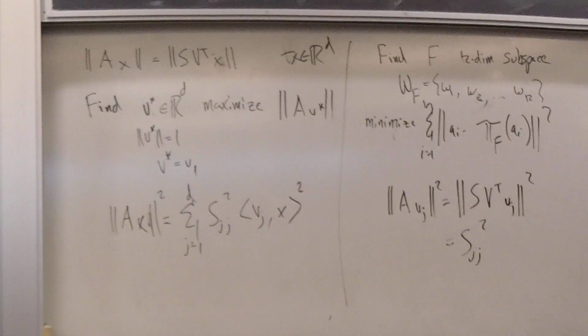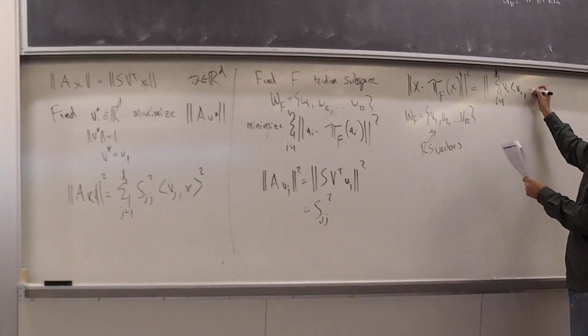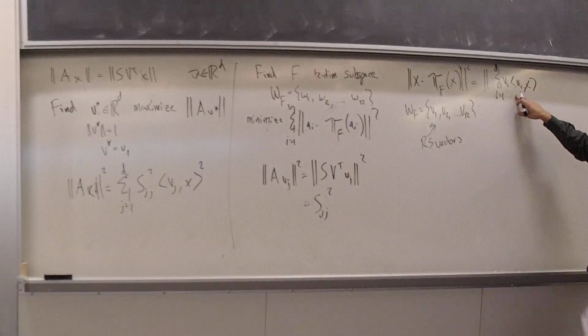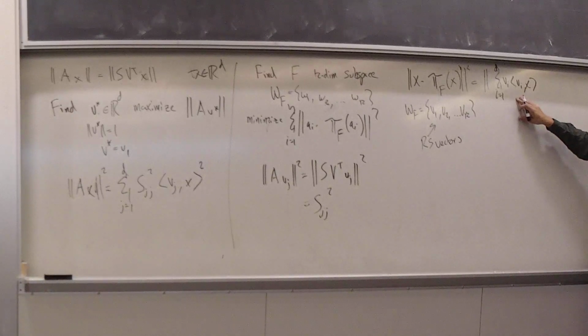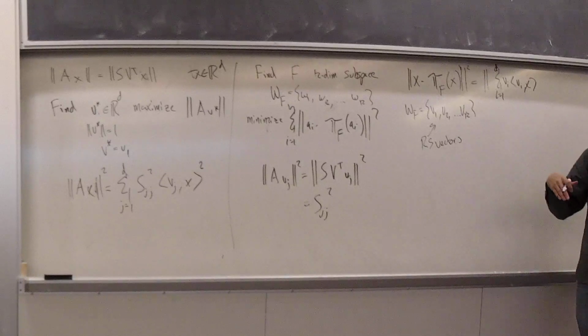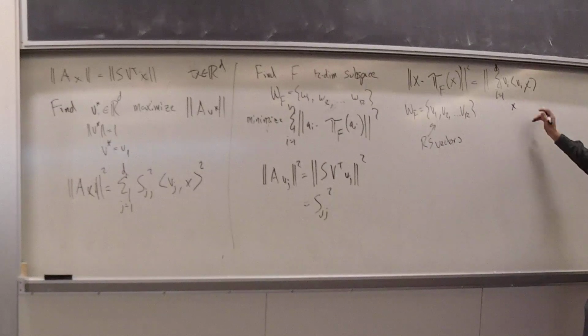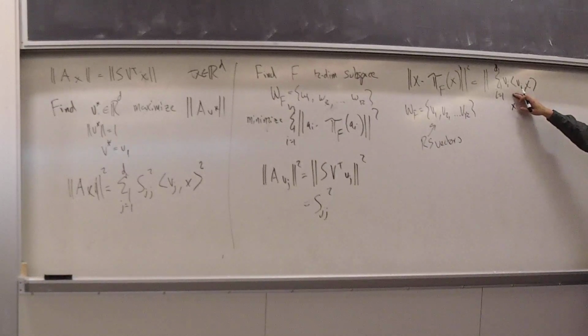Then this term is going to be equal to, I can write x in this new basis, i equals 1 up to d of... okay, so this recovers x, but I've written it in the basis of all the right singular vectors. So this is going to recover x exactly. I've just written this in the new basis.